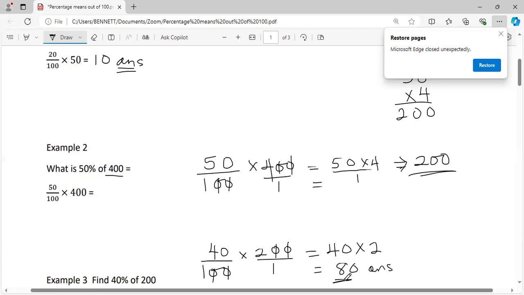All right, so I have a few for you guys to try. So take down this and then you can take it from there. See what our progress is.